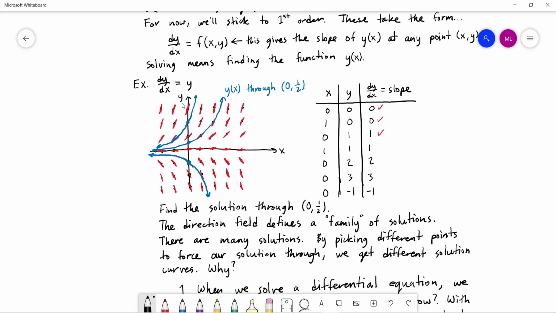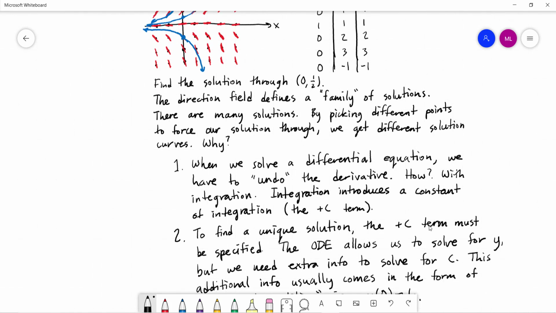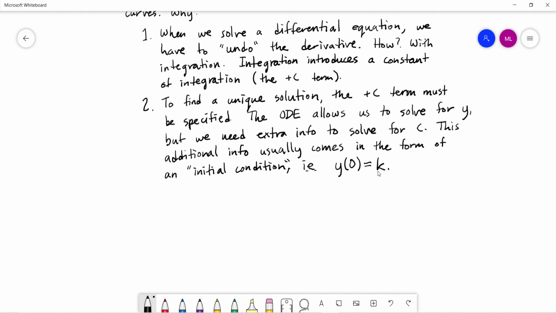But as soon as we pick that plus c term, we have tied ourselves to one particular solution. And we can do that by specifying a single point that our solution must pass through. Oftentimes, that single point takes the form of an initial condition like this that tells us the value of y at x equals 0 is equal to some value k.